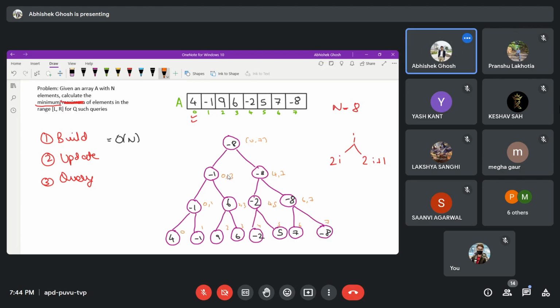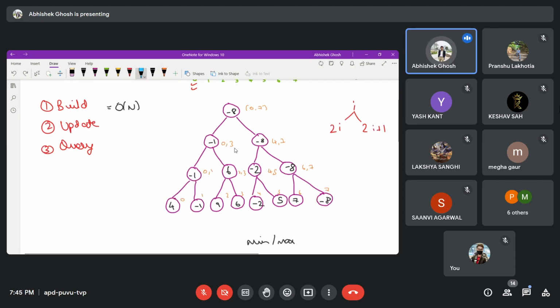So, updating at any particular index, let's say I need to update at index number 4. I start with the root and check both the left part and right part. The left part of the array, 0 to 3, I do not need, right? Index 4 is definitely on the right side. So I move to the right side.